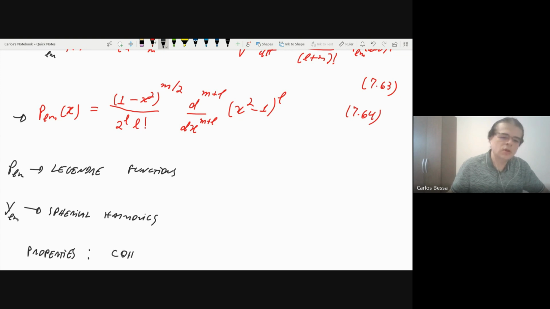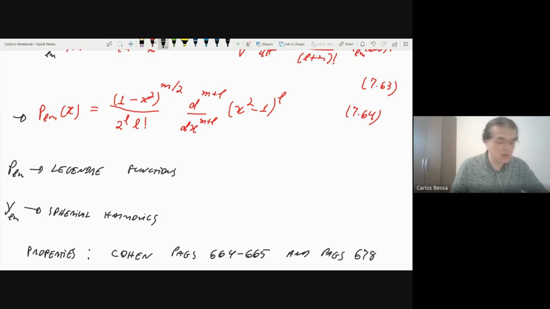See Cohen, page 664 to 665, and page 678 to 689.